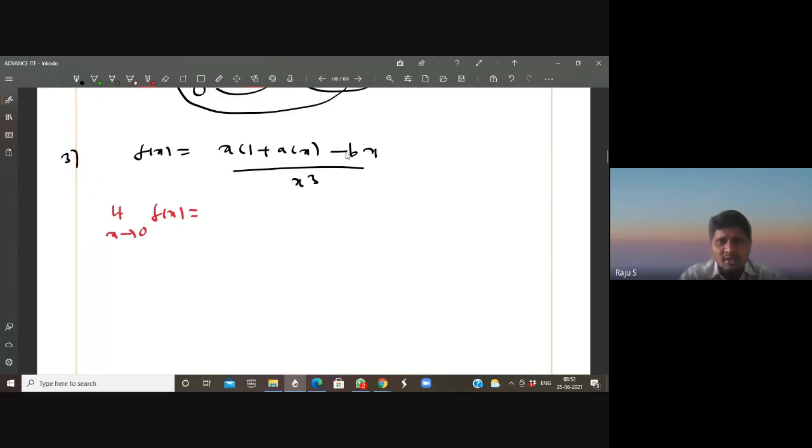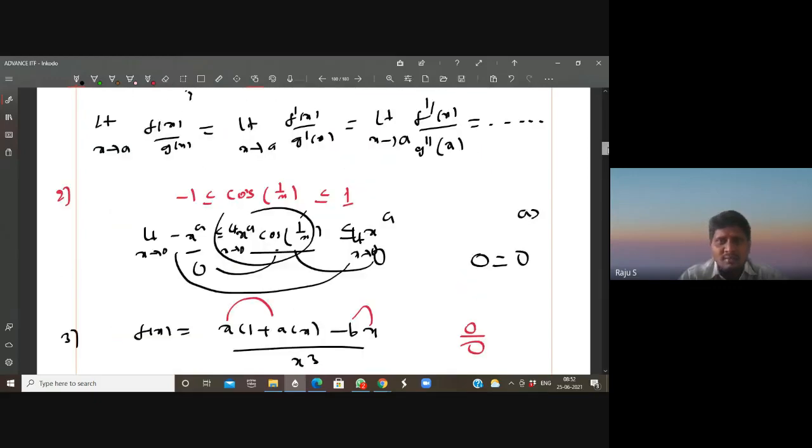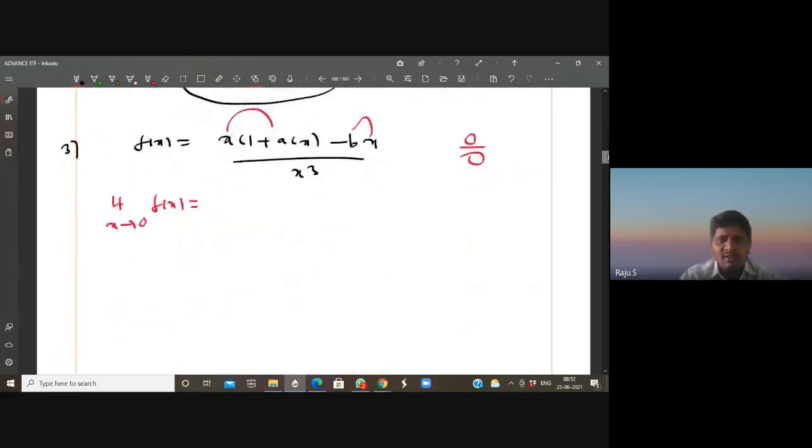Substitute 0 directly. 0 into anything is 0, 0 into b is 0. So finally the numerator is 0 and the denominator is also 0. 0 by 0 is an undefined value. What to do then? So in that case, I explained just now the L'Hospital rule. What is the L'Hospital rule? When we get 0 by 0, we can differentiate numerator and denominator separately.